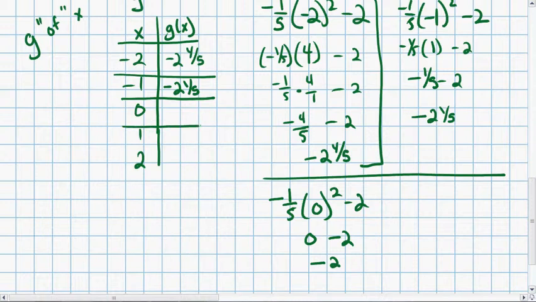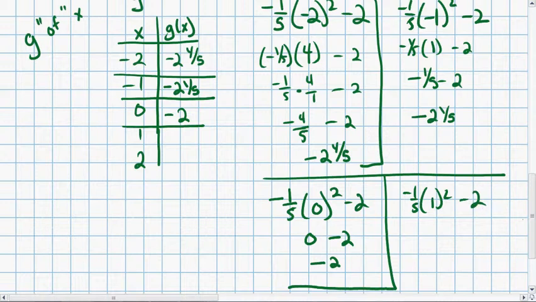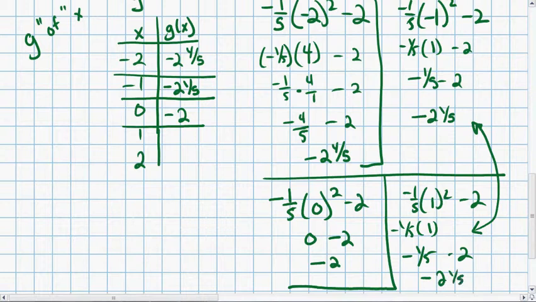So when x is 0, g of x is -2, and we're getting really close now. -1/5 times 1 squared minus 2, and you can see I'm going to get the same answer as I did up here. 1 squared is just 1. 1 times -1/5 is -1/5. -1/5 minus 2 is still -2 1/5. So when x is 1, y is -2 1/5.